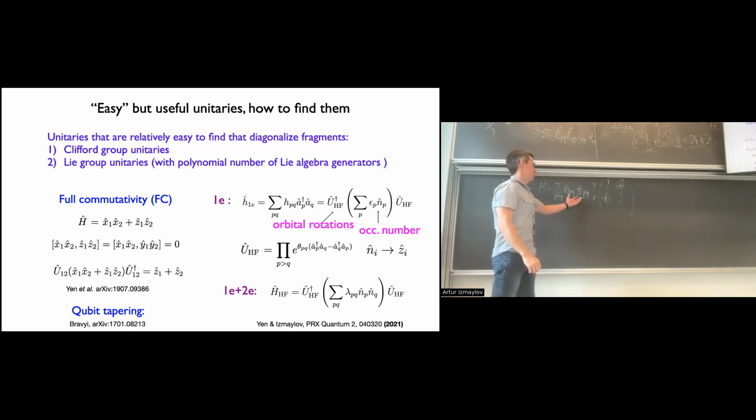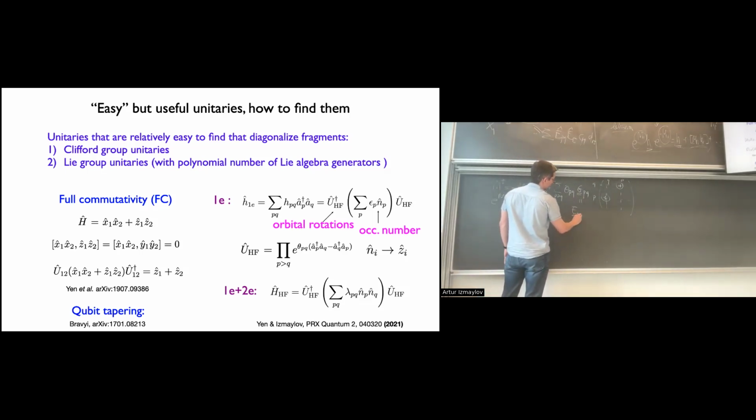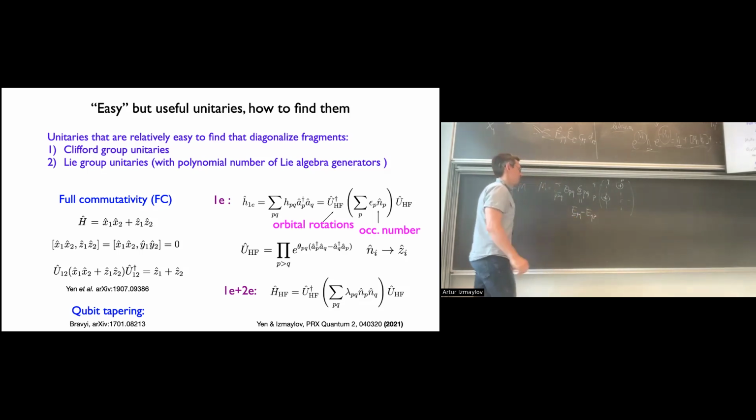So these are just coming from the matrices PQ minus QP. Okay, so this is how we select these matrices, and with theta_PQ being real, we always satisfy this condition.